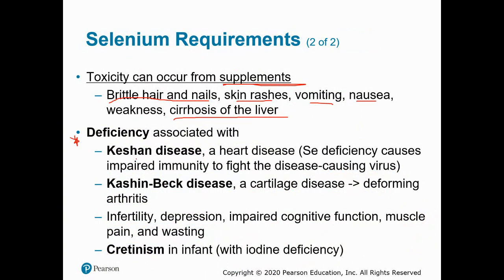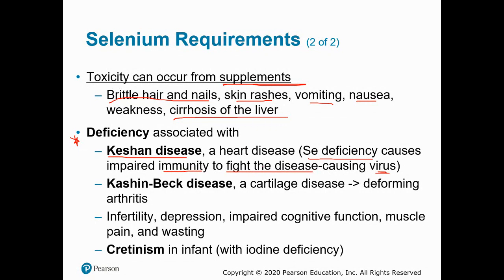That's probably more common. So we can see something called Keshan disease, which is a type of heart disease caused by selenium deficiency. Basically the lack of selenium, meaning the lack of active glutathione peroxidase, impairs the immune system, and then the immune system is not strong enough to fight disease.